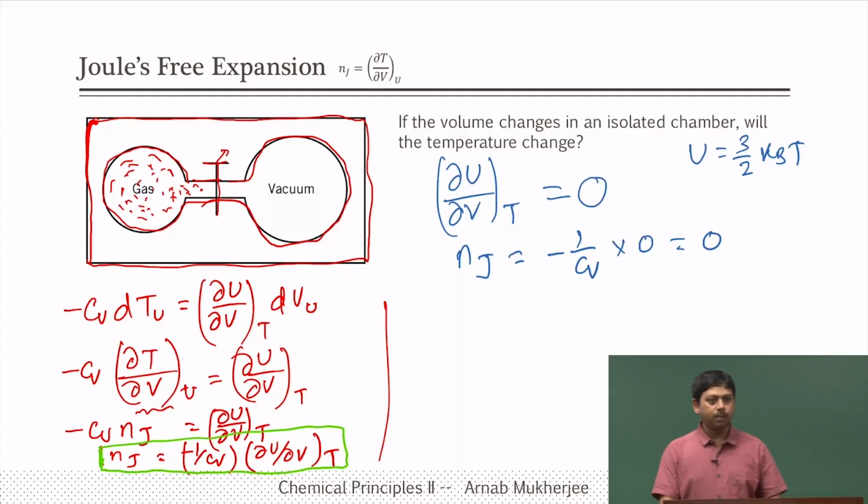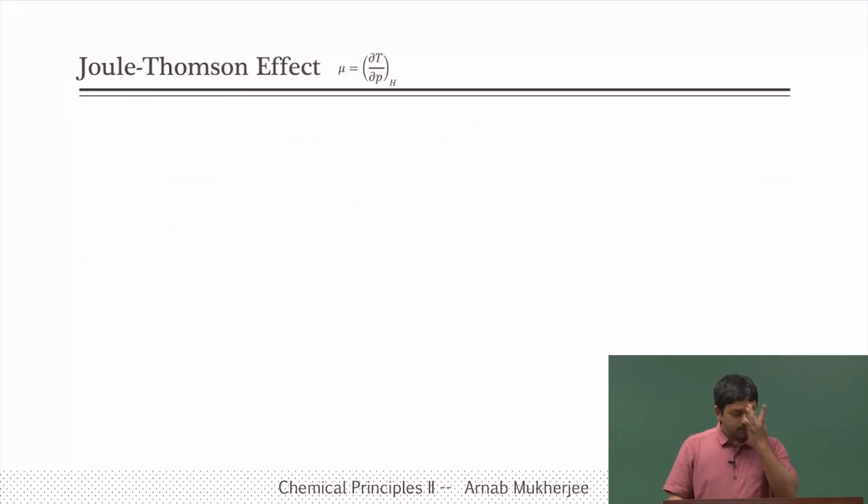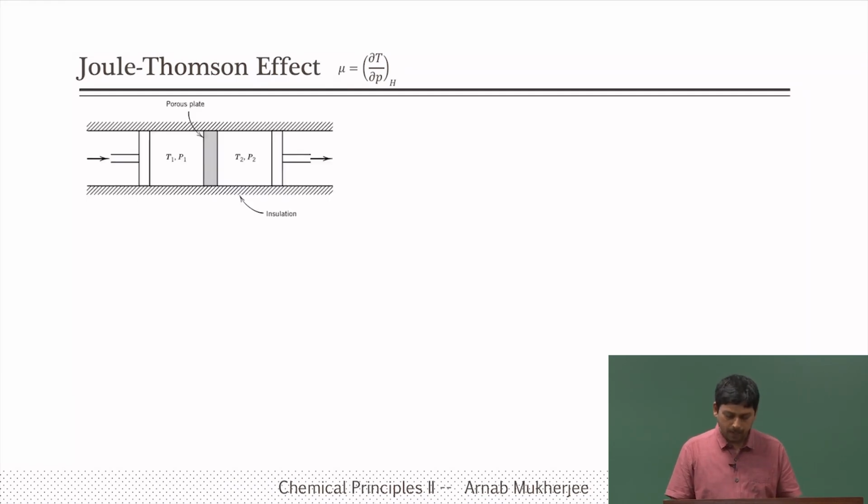Now, this is a process that happens at constant internal energy. Similar to that, there is the Joule-Thomson effect, which talks about a constant enthalpy process. Okay. So we talked about a constant energy process, now we are going to talk about a constant enthalpy process, in order to observe the change in temperature due to change in pressure.